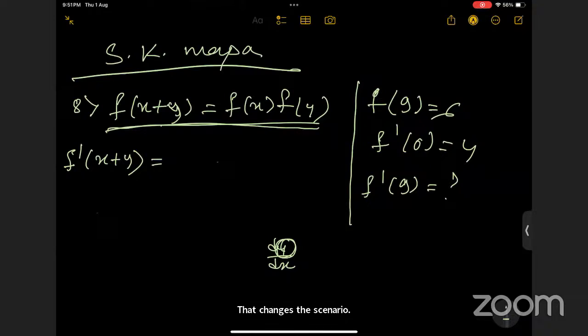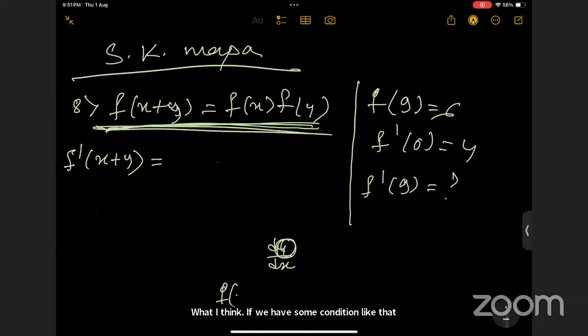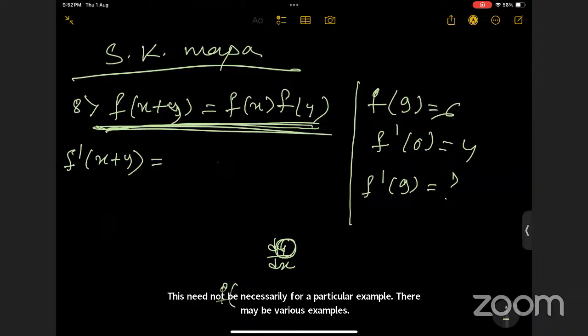So, give this feedback. It's not necessarily what I think. If we have some condition like that, this need not be necessarily for a particular example. There may be various examples. We don't know, right? That's why I said this is perfectly all right for exponential.